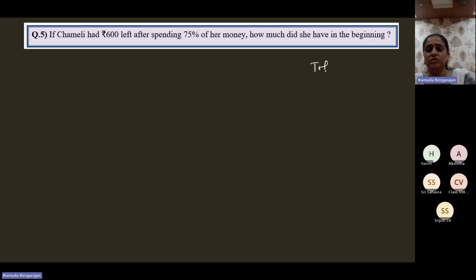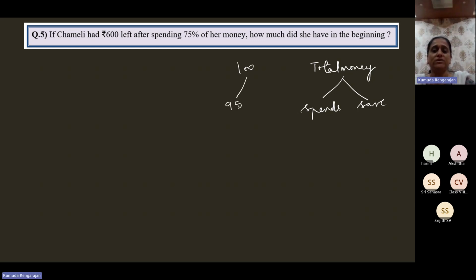Total money. Okay, so she spends some amount and she'll save the remaining. If you have 100 rupees with you and you spend 95 rupees, that means you have saved 5 rupees.